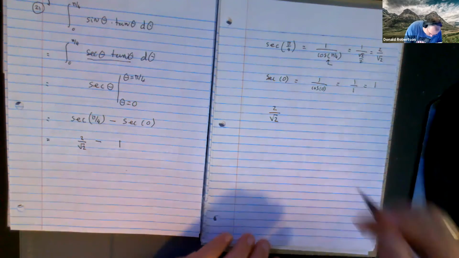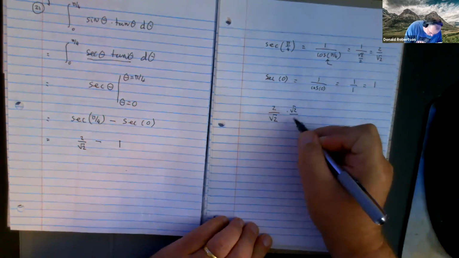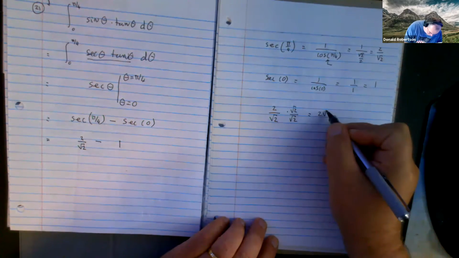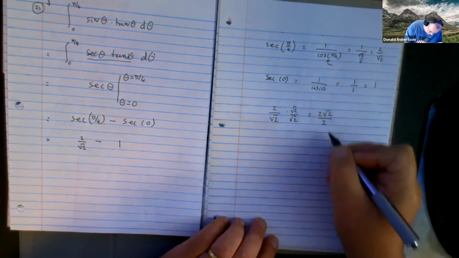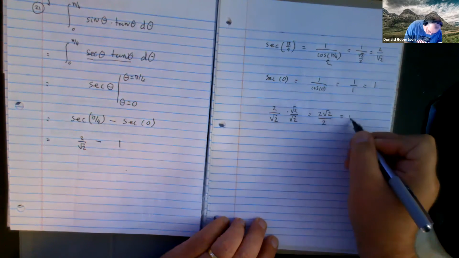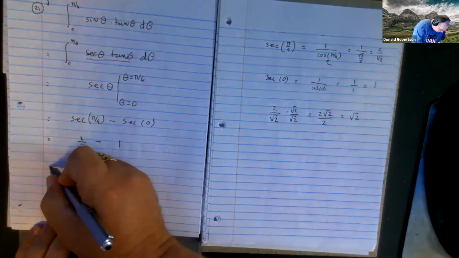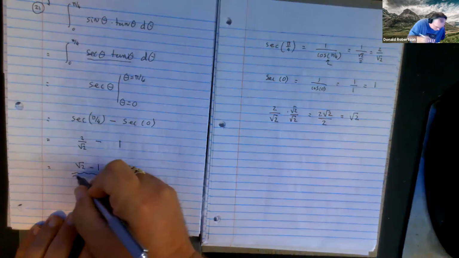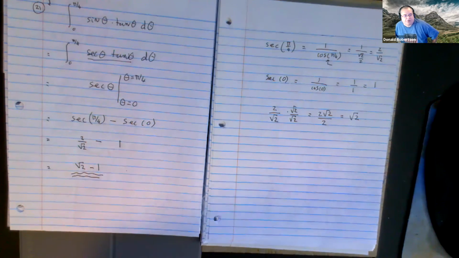So in this case, I'm going to multiply the top and bottom by the square root of 2, which means it becomes 2 root 2 over 2. The 2's cancel, and isn't that a much prettier version than the original? So what we now have is the square root of 2 take away 1. And that is the end of that question.